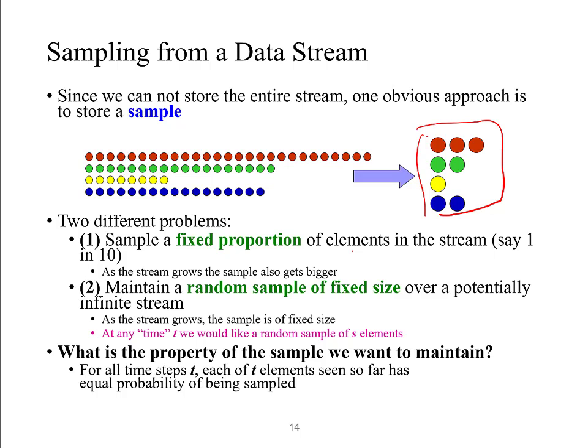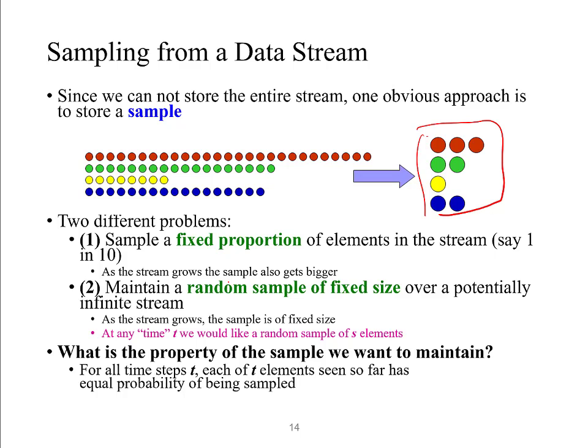The problem of this fixed proportion sample is that as the stream grows, the sample also gets bigger, because we always keep 10% of the total size of the elements in the stream. So when the stream grows, the sample size becomes larger, right?